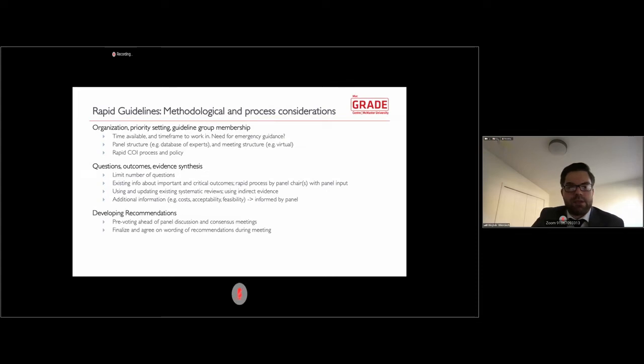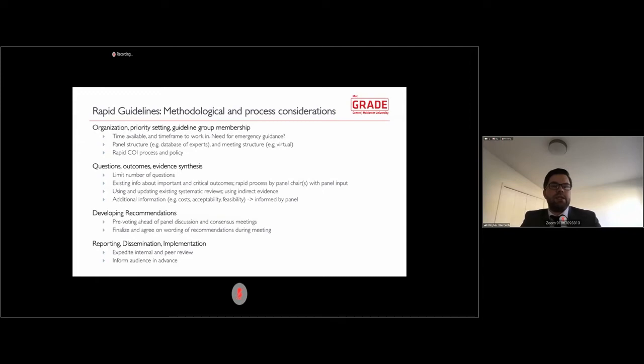completing the recommendation. And finally, in terms of reporting, dissemination, implementation, rapid guidelines may look to expedite internal and peer review, make arrangements in advance with journals, with the organization to complete internal review. This may also include informing the audience in advance that the guidelines will become available.